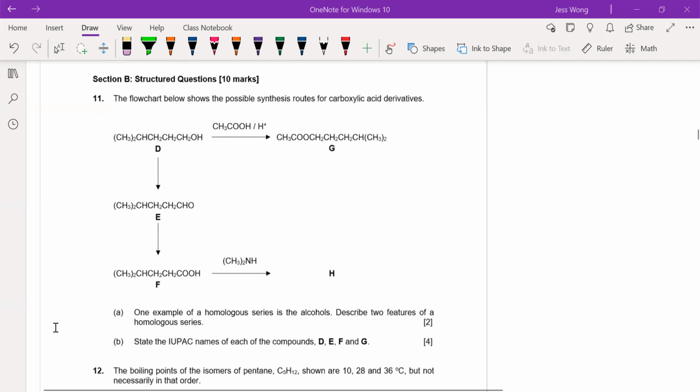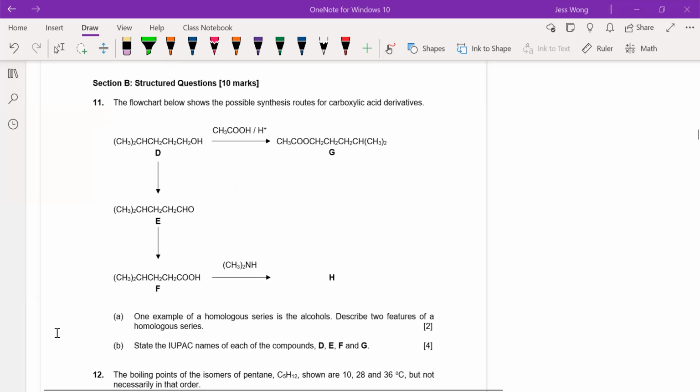Question 11. Okay, question 11 is: an example of a homologous series is alcohol. Describe 2 features. For a homologous series, we need to take note that they differ by a CH2 unit.